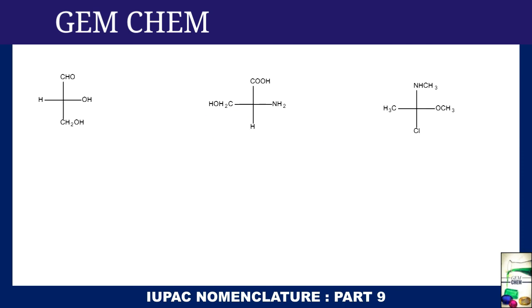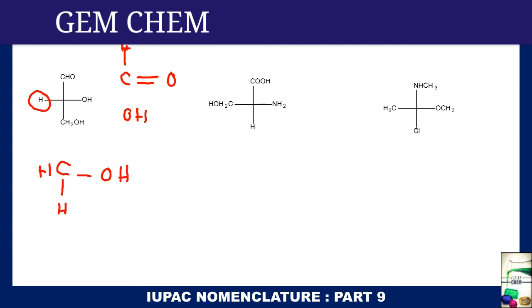This is your homework. Now we are going to deal with a few examples so that the concept is very much clear. Now if you see the first one, we see that it has carbon, CHO, OH, CH2OH and hydrogen. So if you observe carefully, from this you can understand that hydrogen is least prior because CHO is this one having a carbon, whereas OH is this one, whereas this one is CH2OH.